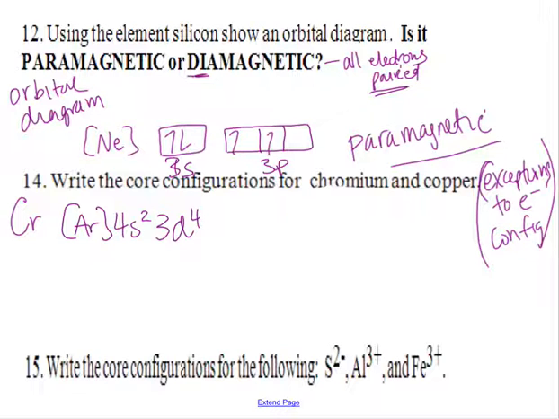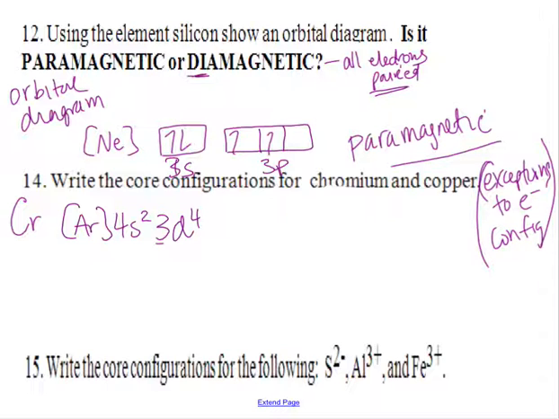Well, that's actually not its ground state configuration, okay? Due to the fact that the energy difference between the S sublevel and the D sublevel is super small, super tiny, okay? It would be like me stepping from here to here. Not much of a big deal. It's actually a tiny drop because we're getting slightly, a teensy bit closer to the nucleus. The 3D's are right under that 4s.